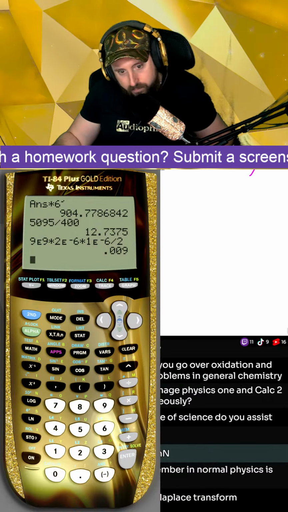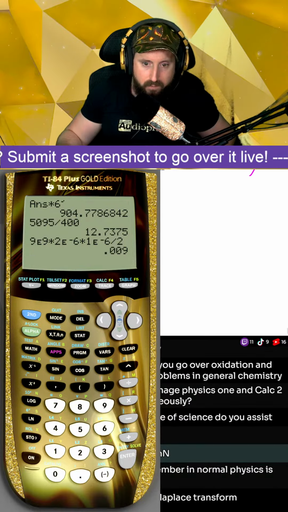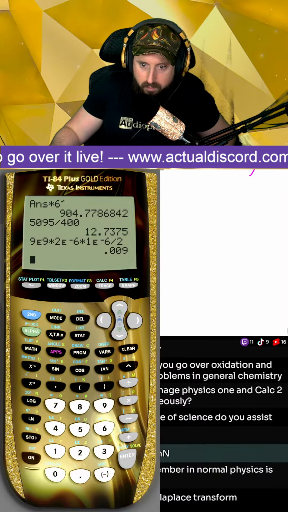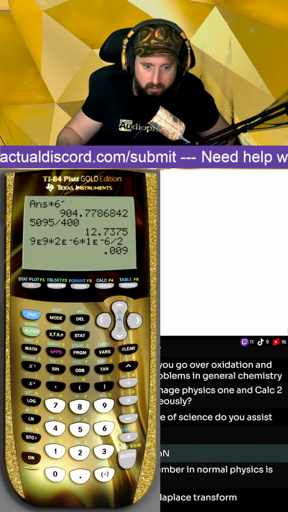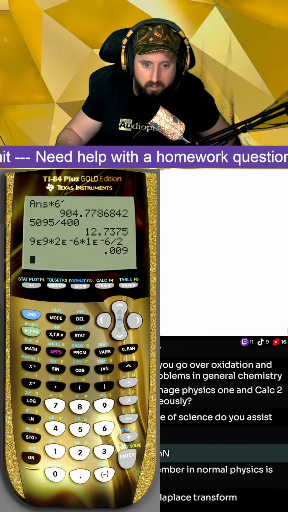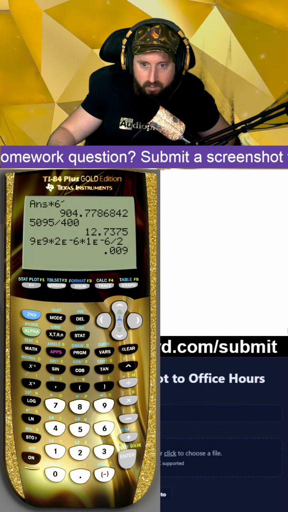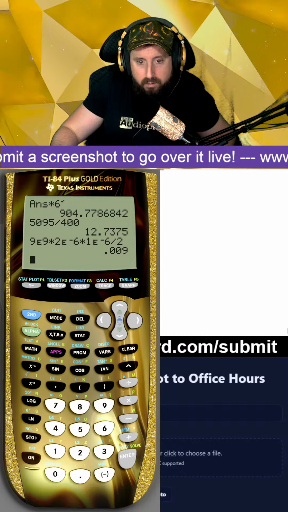What I know is that F41 is pointing this way, straight down to the other diagonal. It's going to have an X and a Y component to it. So it'll have this, which I'm going to call F41Y.